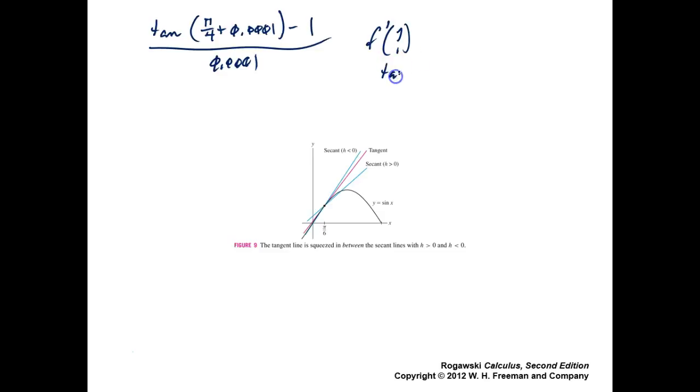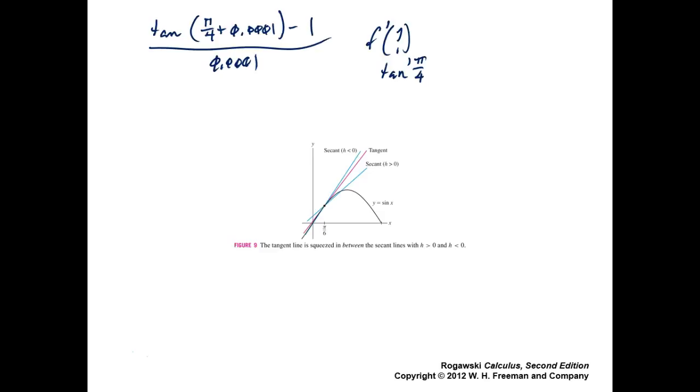The tangent where? At what a value? No, that's going to be your h. The a is going to be pi fourths. I put tangent prime, in other words, derivative of tangent at pi fourths.